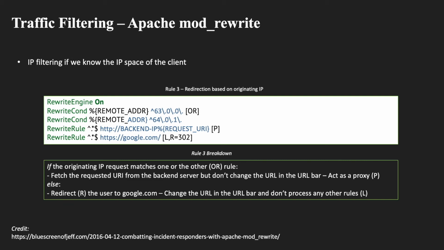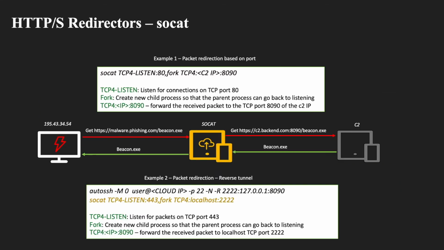So let's say search engines or anyone else scanning our domain, but users coming from the IP space of the client will be sent to our backend IP, again acting as a proxy. Therefore, just the information is coming from the backend IP, but the URL is not exposed.